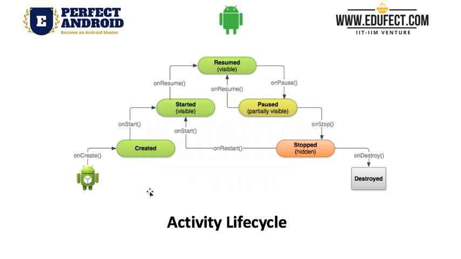For example, I could be on an app and suddenly a phone call comes in. When the call comes in, my app goes into the background and the call app comes into the foreground. That would mean either I am paused and partially visible, or I am stopped and completely hidden. These are the kind of events we get, and we can correspondingly handle them.